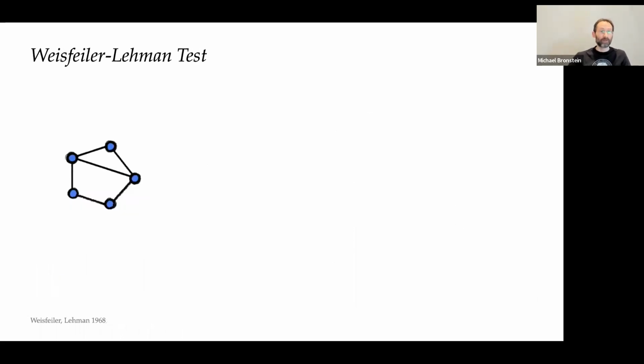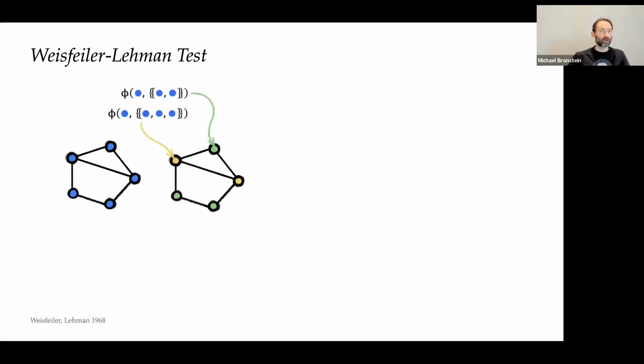So what Weisfeiler-Lehman does, it's essentially an iterative color refinement procedure. It starts with a graph where all the nodes have the same color, and by color here I mean a discrete label. And essentially it looks at the structure of a neighborhood, basically a node and its neighbors, and injectively assigns them new labels.